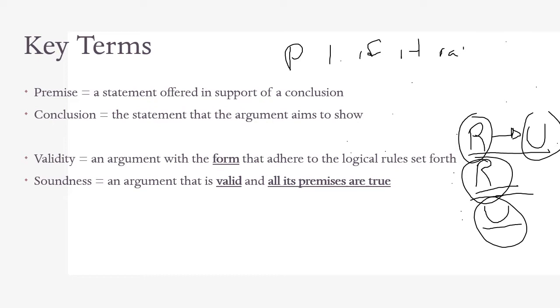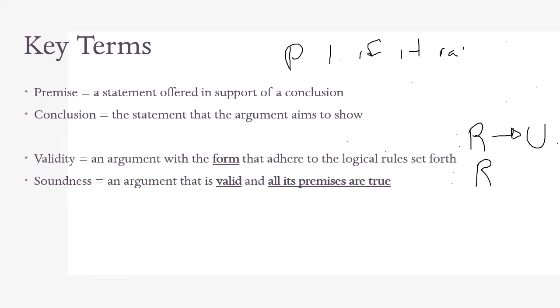They're just fictitious things that I made up. So the first argument would be sound. The second one would not be sound because the premises are not true. So you can have an argument that is valid but not sound, but you can't have an argument that's sound but not valid.